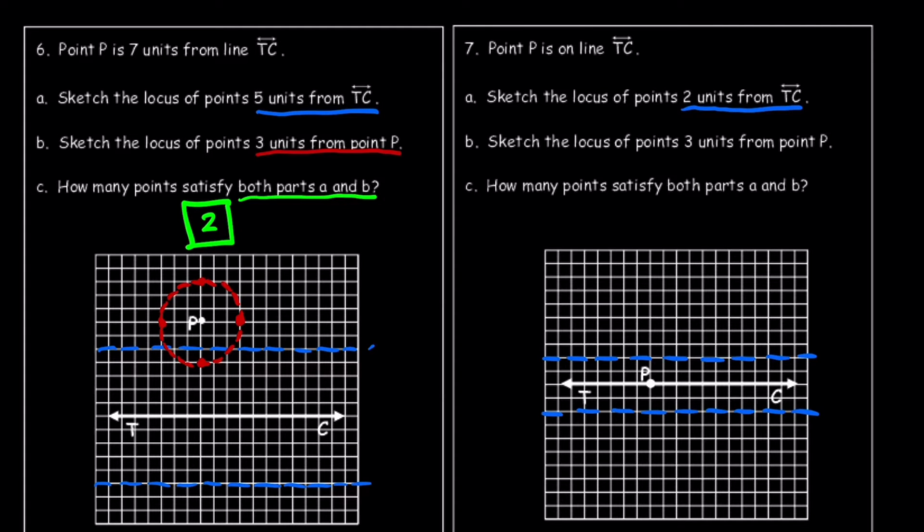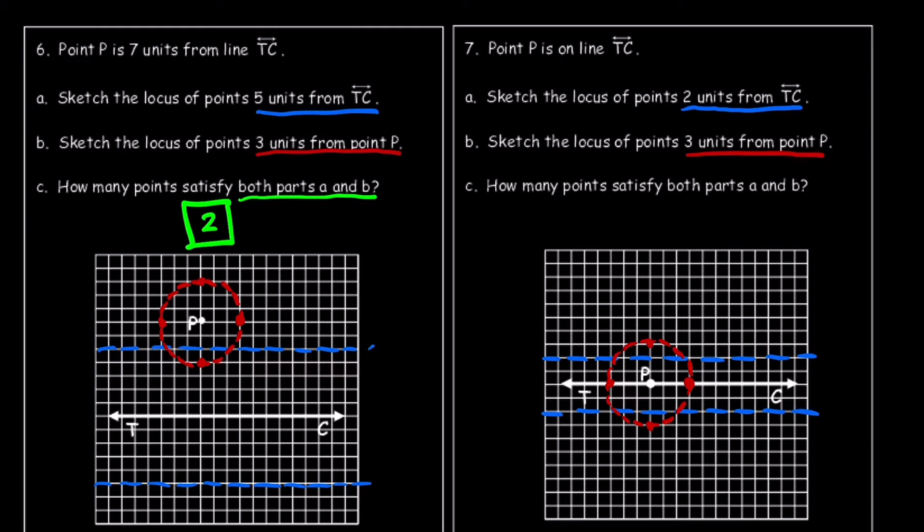Okay, now I want to sketch the locus of points 3 units from point P. So I start at point P, I go 3 units to the right, put a point, go up 3 units, put a point, left 3 units, put a point, down 3 units, put a point. And now sketch in that circle using a dashed line.